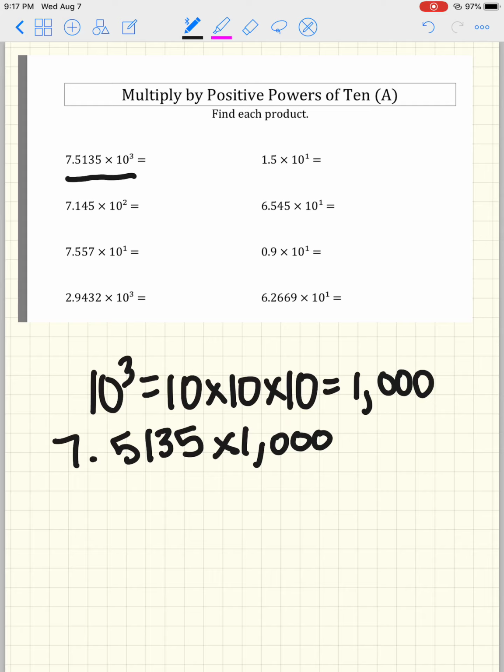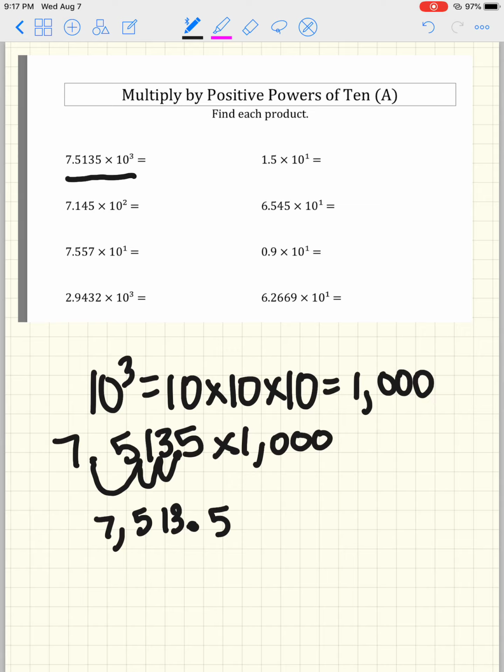Now, just a reminder, and we've talked more about this in stations, and we'll continue to talk about this, is our decimal really moving? No. Our place values are actually moving. But the decimal, the trick, is our decimal can move 3 places to the right. 1, 2, 3. So our new number is 7,513 and 5/10.